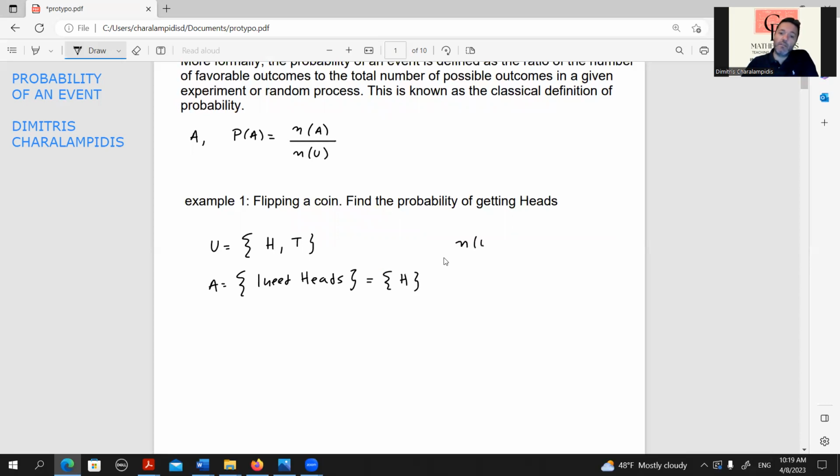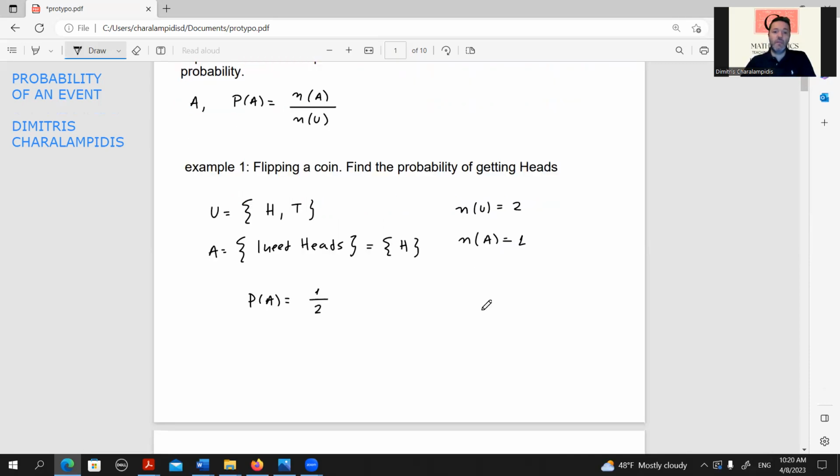The cardinality of U is 2, the cardinality of A is 1, so the probability of A would be 1 over 2, which makes sense. When we flip a coin, the probability of getting heads is 50%, 1/2.